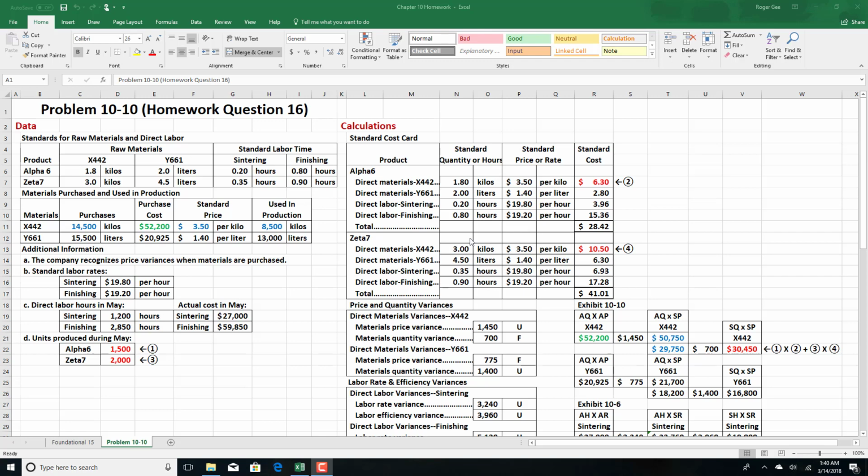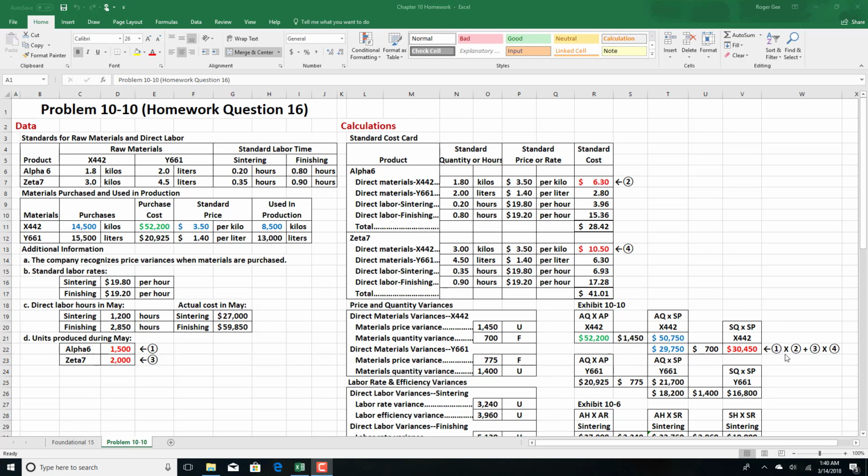What I did for that one is I took the units produced during May, this number right here, that 1,500 units, and then times this standard cost right up here, plus, see, this material is used in the Zeta 7 also, so I had to do this number of units produced times that amount right there.